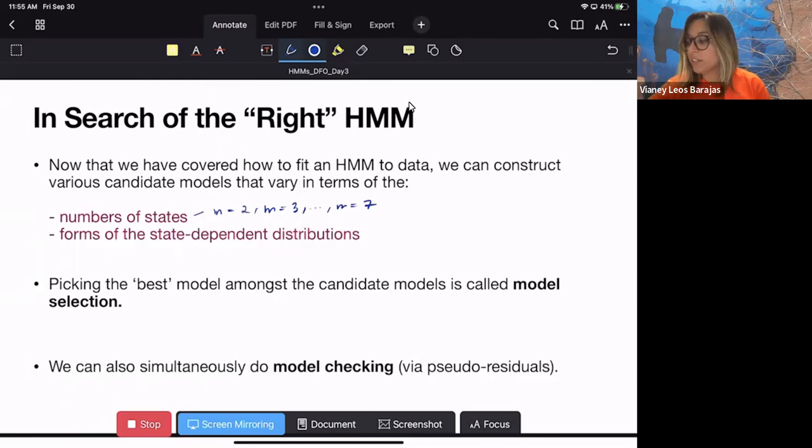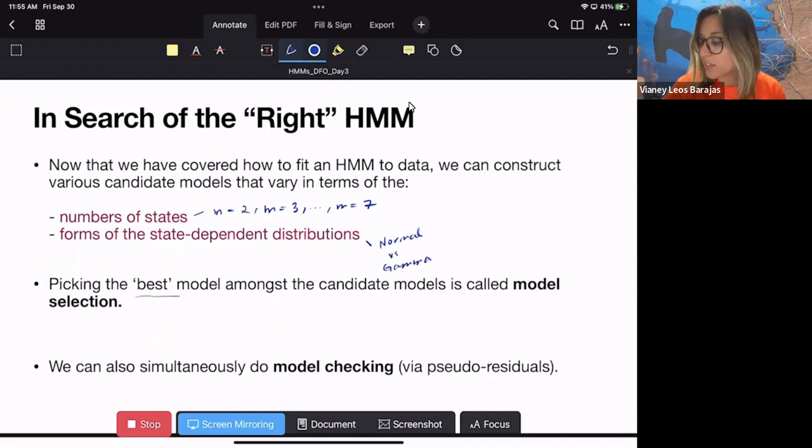We can also vary the forms of the state-dependent distributions. So what about a normal distribution versus a gamma distribution? Picking the best model amongst the candidate models is called model selection.